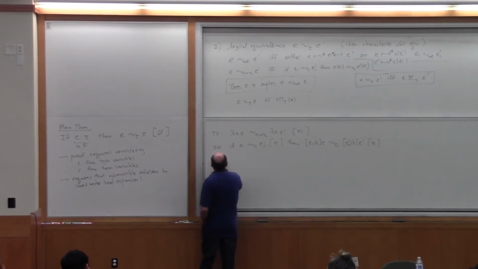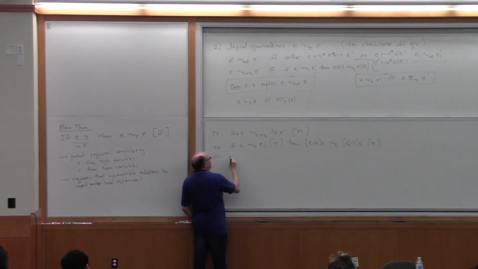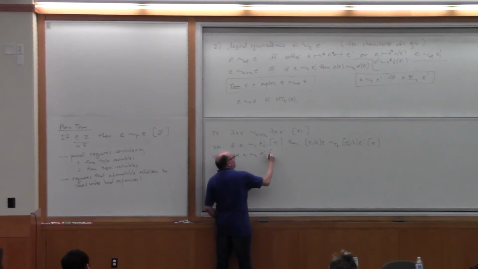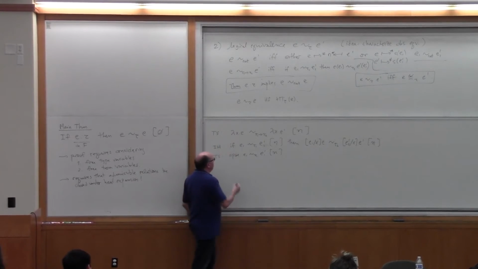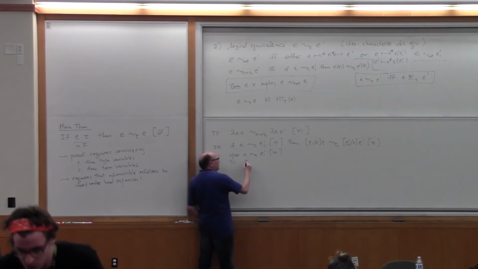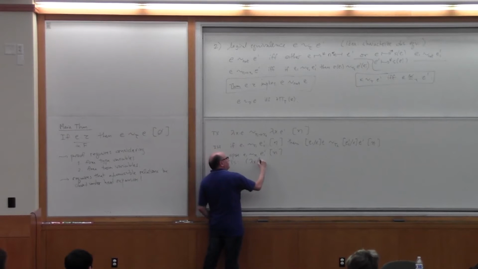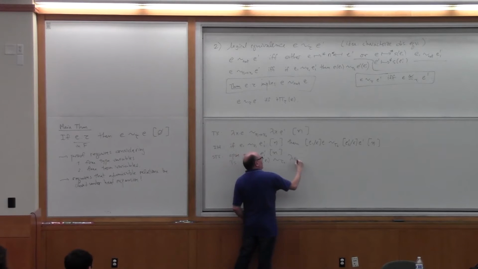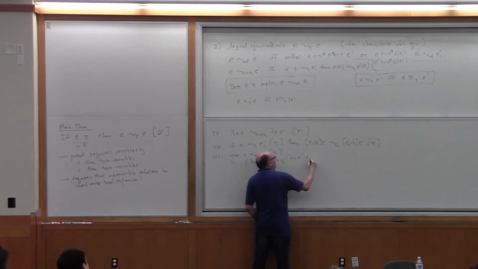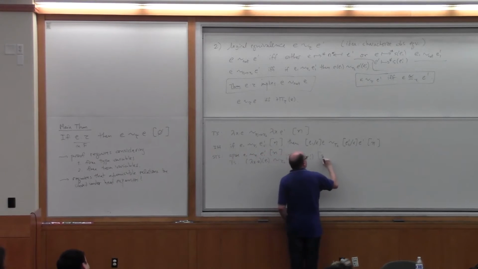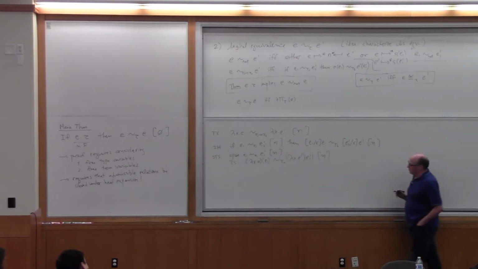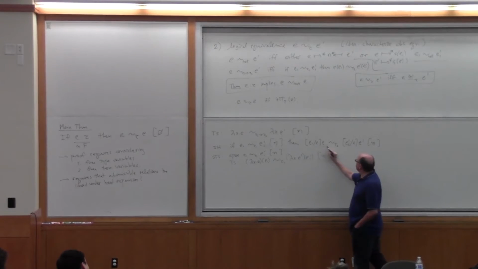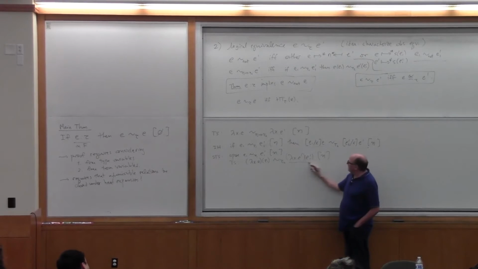Now the definition says we suppose that we have an E1 which is related to E1 prime modulo eta. And what I want to show is that lambda x e applied to E1 is related to lambda x e prime applied to E1 prime modulo eta. So I have this, but I want that.